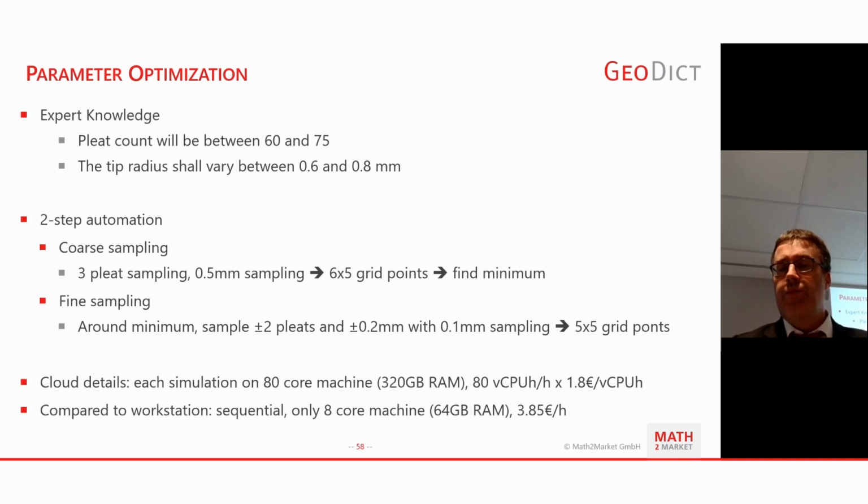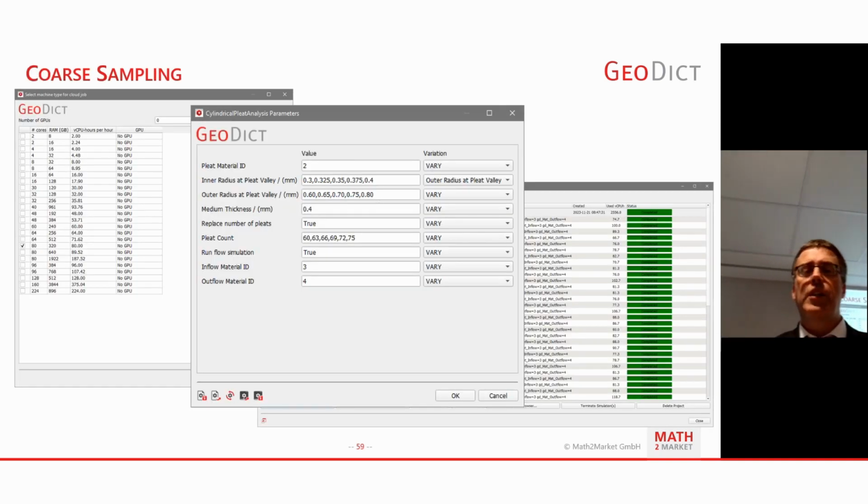But if we want to start that, as I mentioned, we use the very functionality here. This is the parameter window, as you have seen it a couple of seconds ago. Just in this case, I can enter several values here. Those two are linked by the very functionality, so that we have 1, 2, 3, 4, 5 radii.